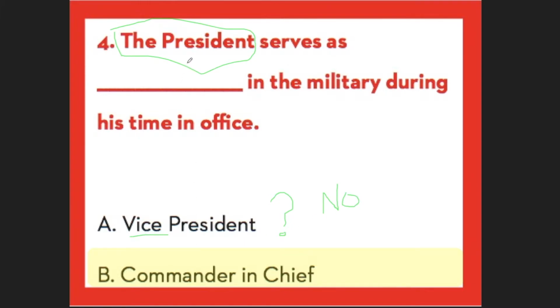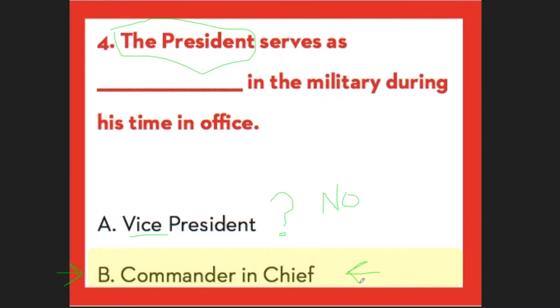You always want to have a president and a vice president be two different people. Okay, so then process of elimination, the only other answer here is commander-in-chief. So the president serves as commander-in-chief in the military during his time in office. Now, this power is actually granted to the president by the United States Constitution.